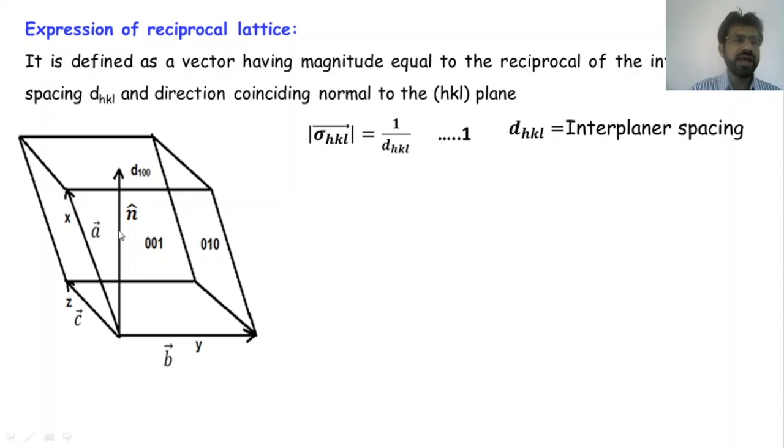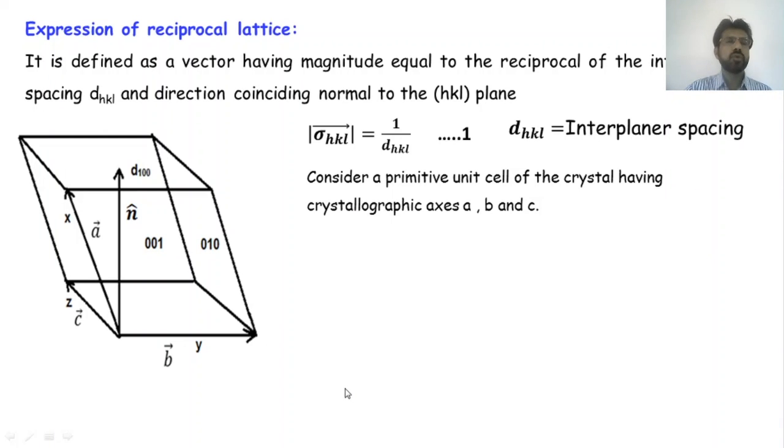That means the direction of the reciprocal lattice vector is along the direction of the normal. So we can write the magnitude of sigma HKL is equal to 1 upon the interplanar distance, that is d HKL.